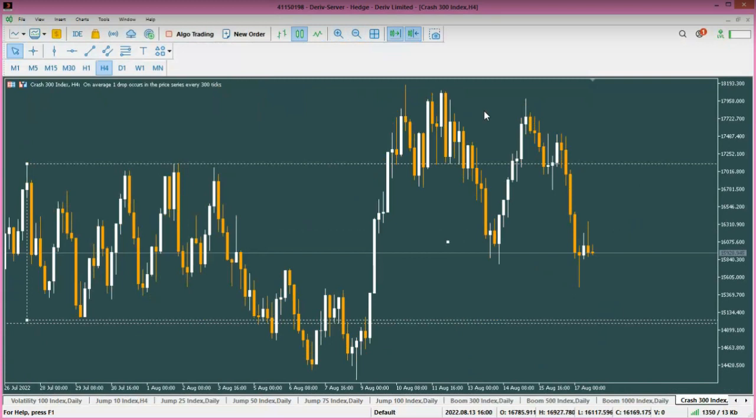If you can identify these points, the resistance level and the support level, then you will be minimizing your chances of losing money, which is the key plan in trading: protecting our money. So in trading, we try by all means to make sure that our capital, our money, is protected at all times.